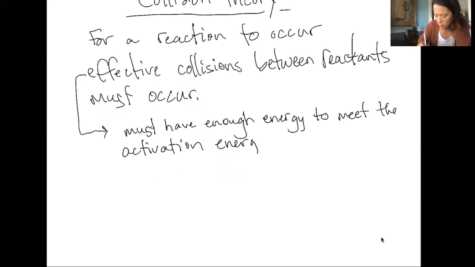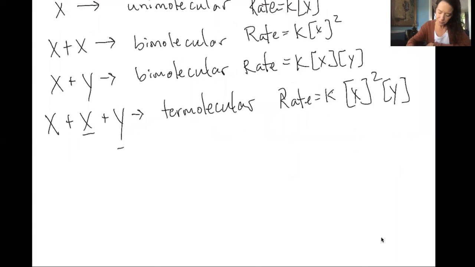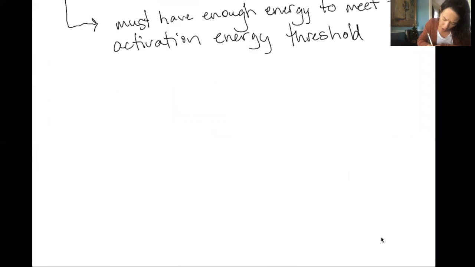When one element, such as X, collides with Y, they have to collide in order to react, and they must have a collision in which both particles have enough energy that matches the energy of the reaction. They need to have at least a certain amount, which will be the activation energy, or more, okay? They must also have correct orientations.